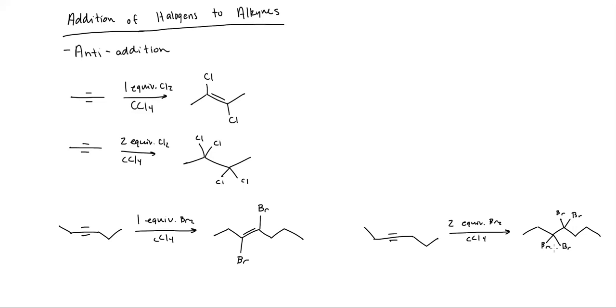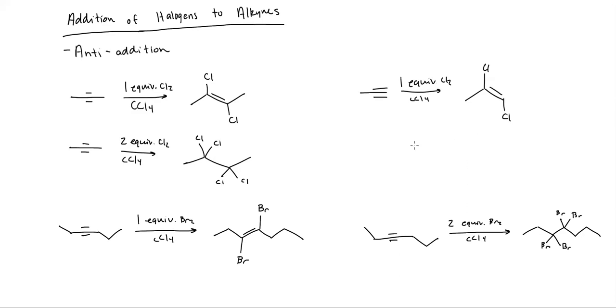It does not get any more complicated than this, even if I have a terminal alkyne or something like that. So let's put this through with a terminal alkyne just to see it. We'll use one equivalent, CCl4. And all this is going to do is just add two chlorines. So Cl and Cl.